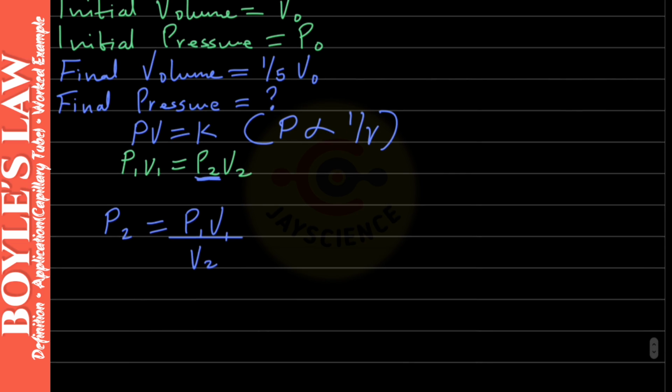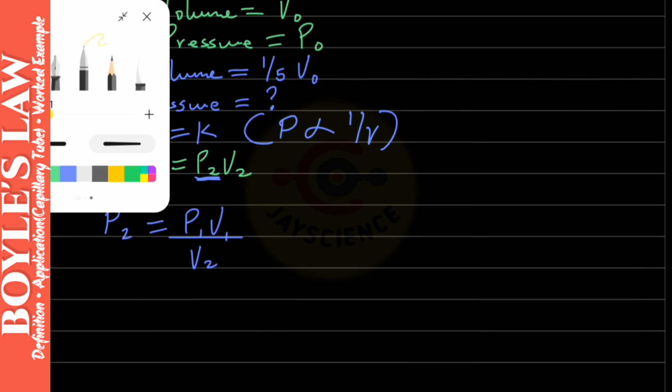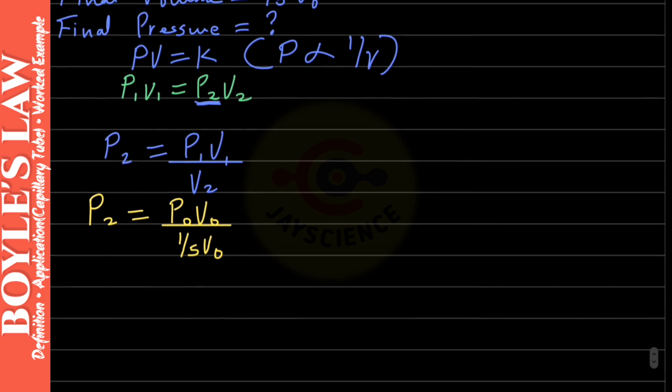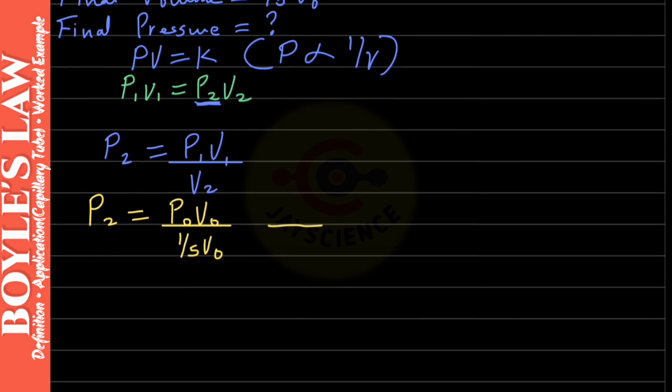P1 is P naught. Then V1, that's the first volume, is also V naught. Then V2, as I have it here, is 1/5 V naught.